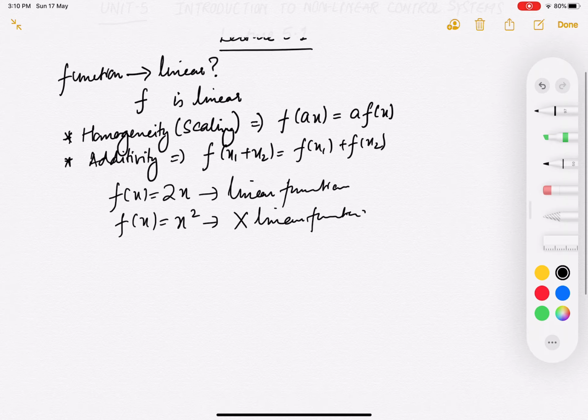Now, this definition is extended to the definition of linear systems. We have already seen this, but this is just to remind you how you define linear systems.